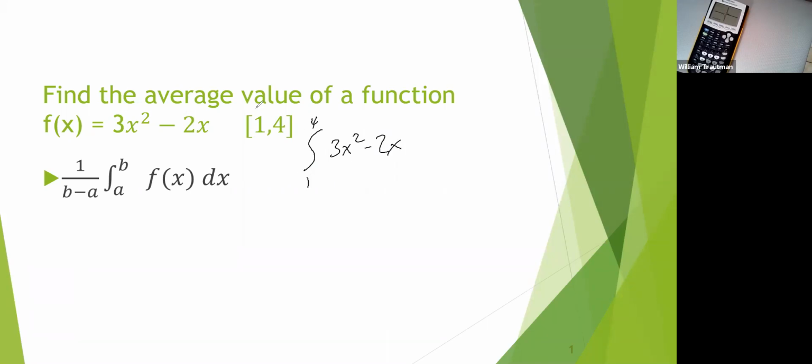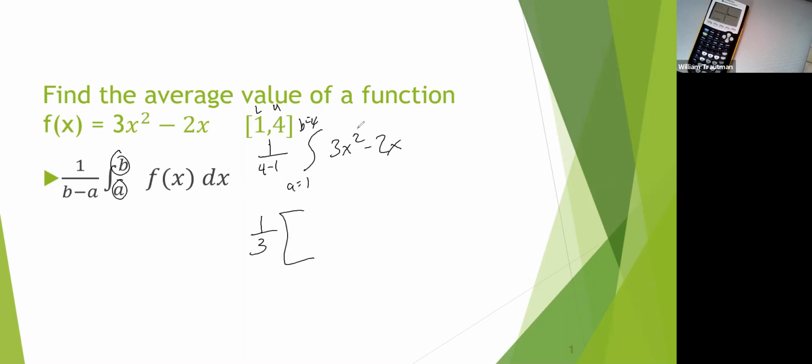Do you see the lowest and the highest limits? Then we divide by 4 minus 1, the B minus A. There's the A, there's the B. 1 over 4 minus 1 is 1 over 3.